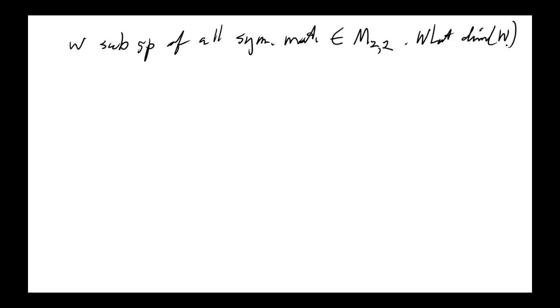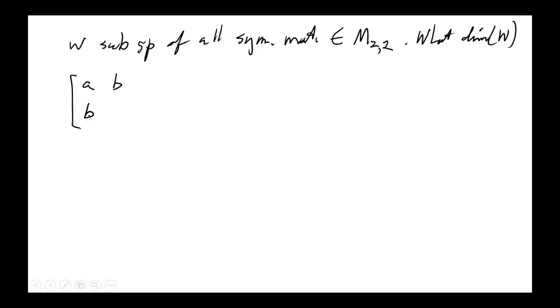Okay. Well, what does it mean to be a symmetric matrix? There's several things that means. But basically, and this is 2,2, so I think we can make it easier here. The first entry can be anything. Second entry could be anything.